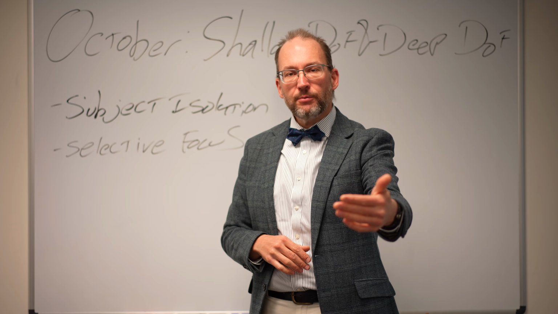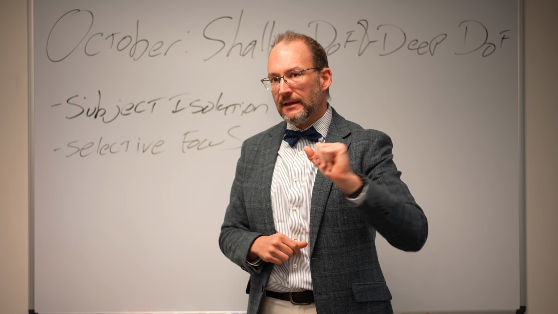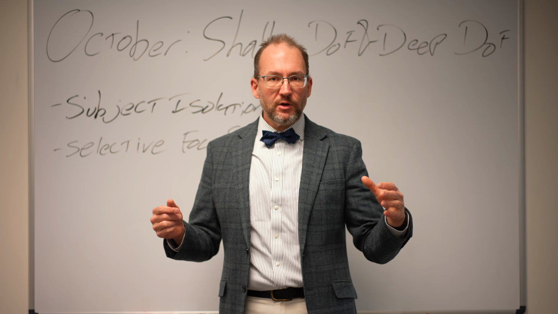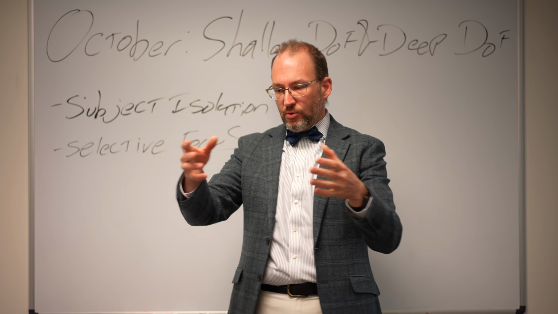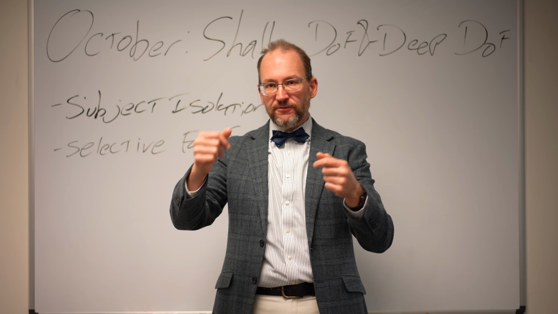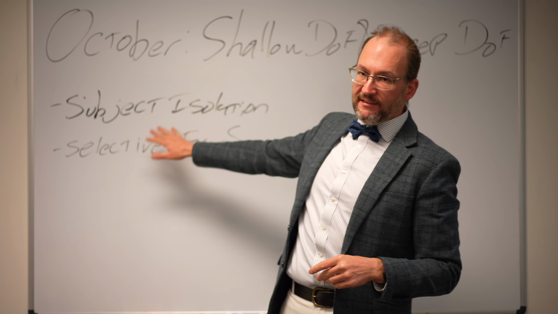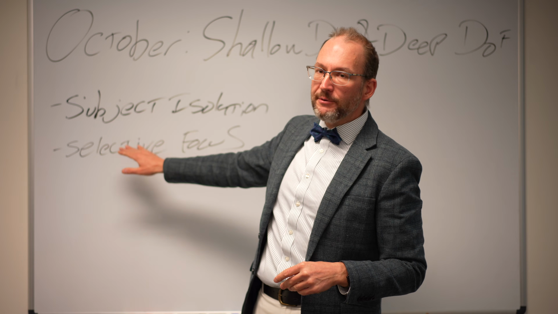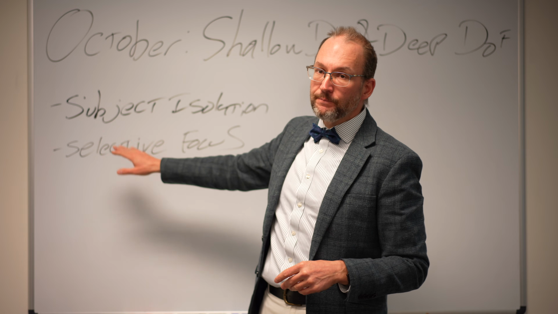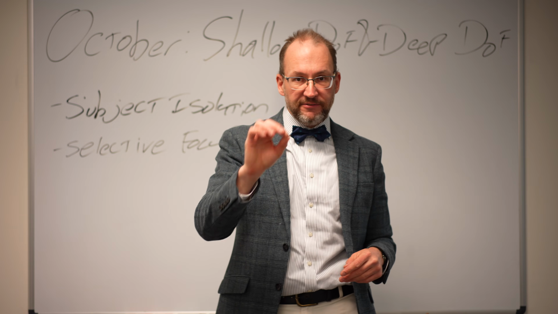We're not just talking about portraits. That can work with any type of subject, by the way. It can work with a plant or a flower, or if you're going to photograph your favorite stuffed animal, it can work with that as well, okay? Subject isolation is just using your aperture and the depth of field to separate your subject from the background.